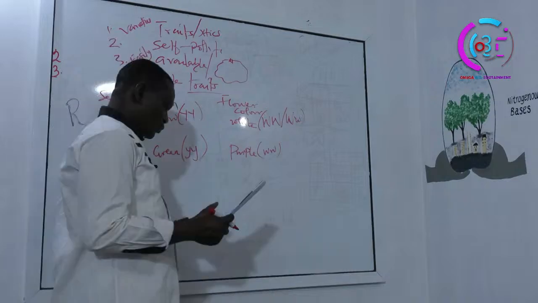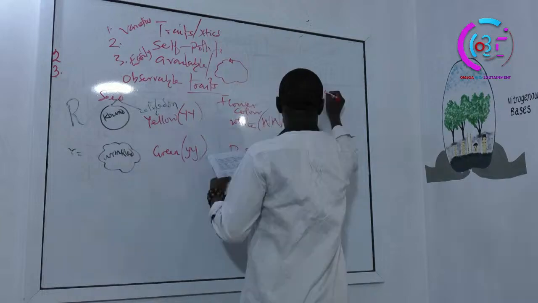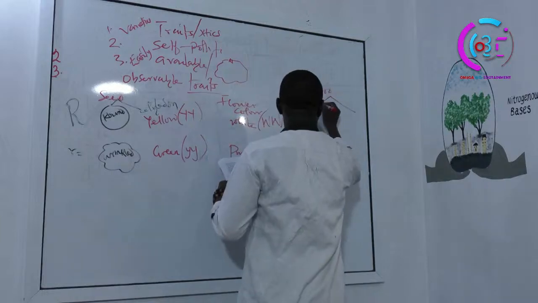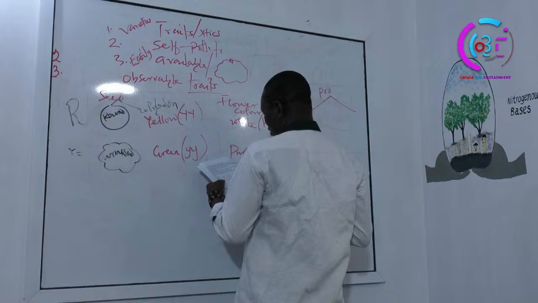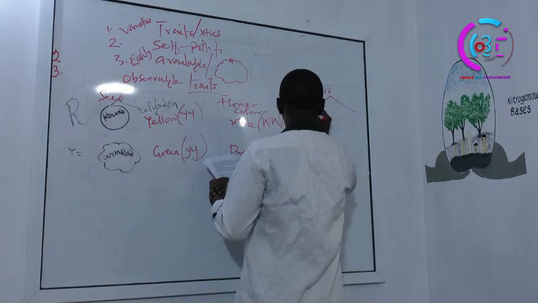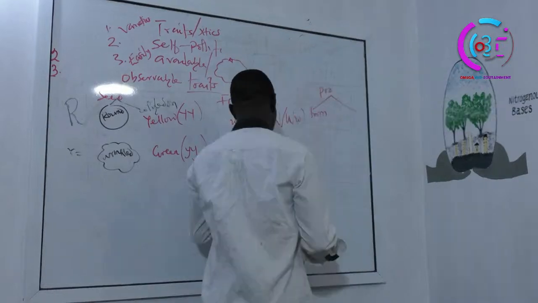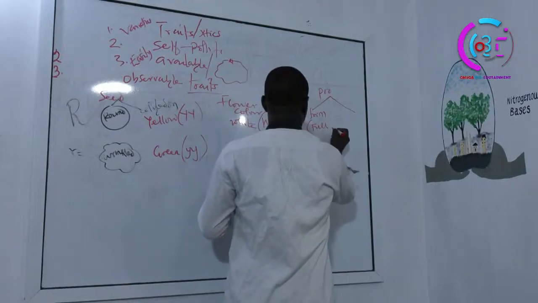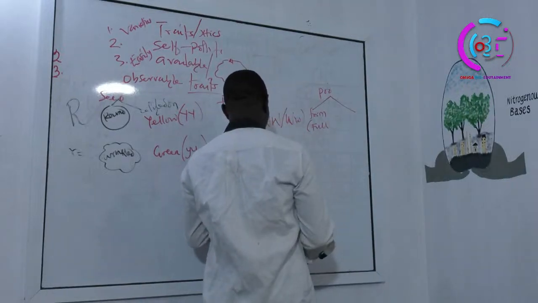Now, apart from that, the pod is also divided into two. The pod in the form can be full or constricted.